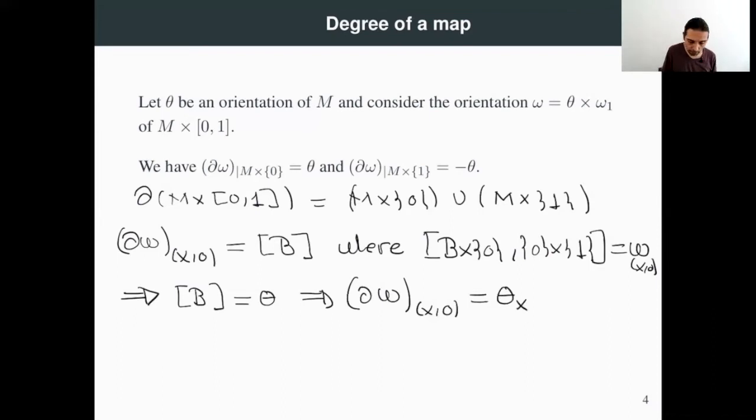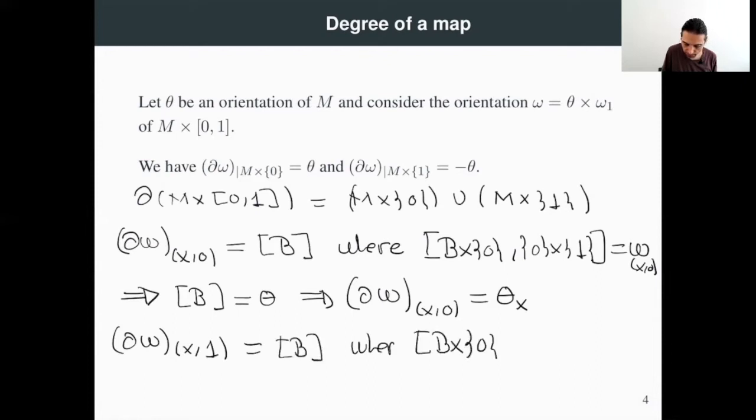In the same way, when we consider partial of omega at a point x1, it is going to be the orientation of a base B, where now we consider B times 0, and now an inward normal vector, but if we have the closed interval 0, 1, an inward normal vector at 1 is a negative vector.